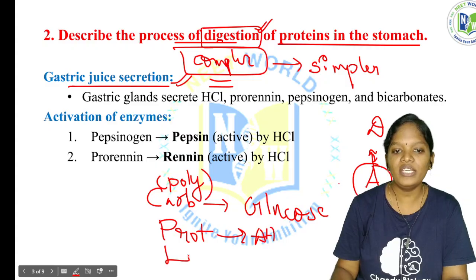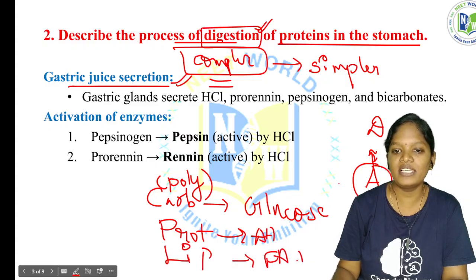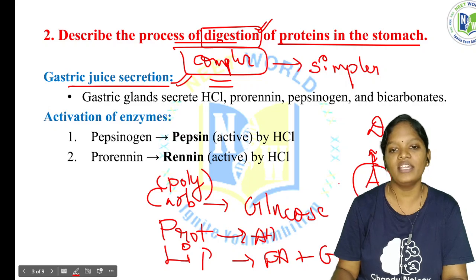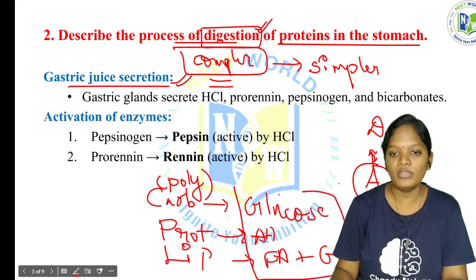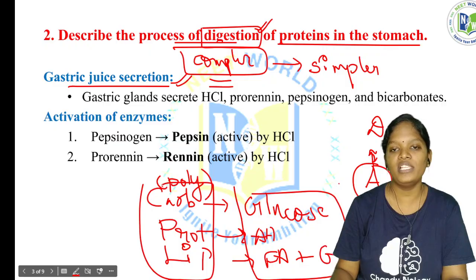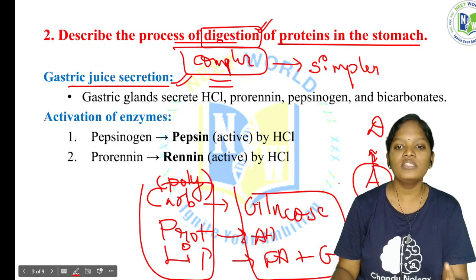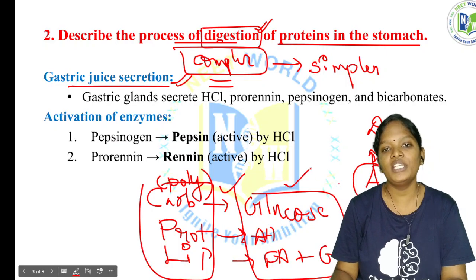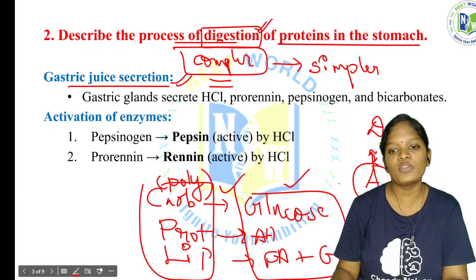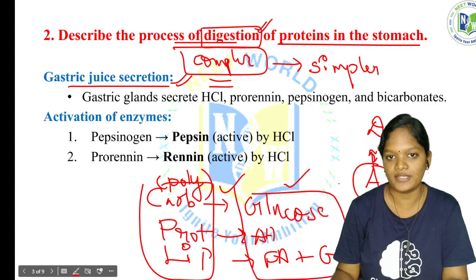If it is lipids, it will be converted into fatty acids plus glycerol. These are the monomers and these are the polymers. So complex molecules are converted into simpler molecules, and this process is called the digestion process.